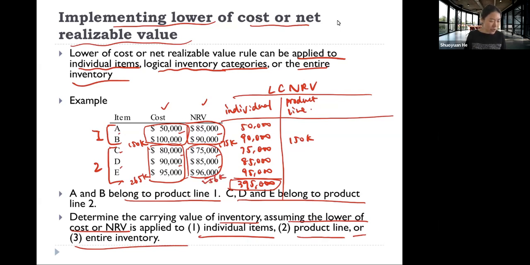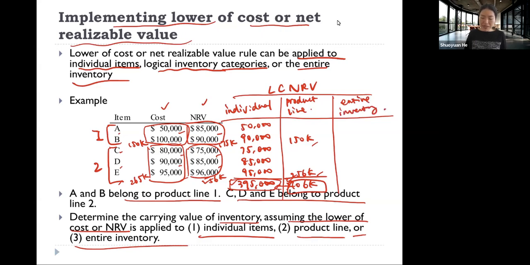So which one is lower? 256,000. So we do it by product line, and then we take the sum of these two, which is 406,000. So this is the cost of the ending inventory after applying this rule by product line. As you can see, it is different from the number we get if we apply this rule to individual items.